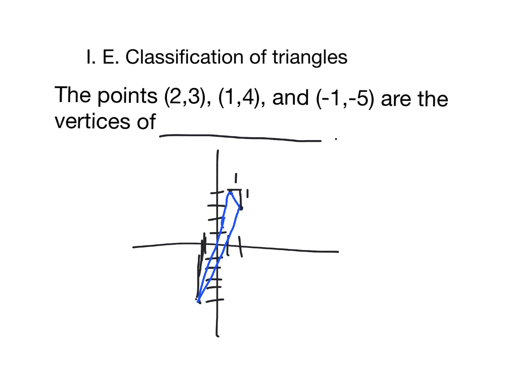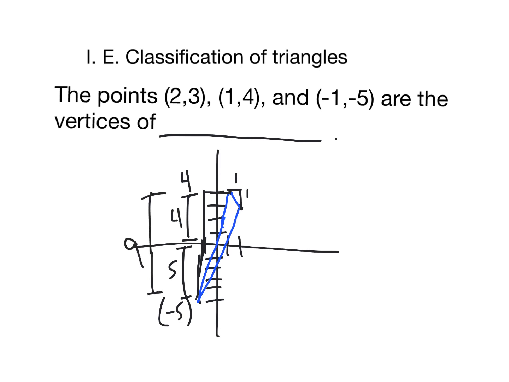This one, we'd have to go up. Let's see, we're at -5 going up to 4. So -5 to 0 would be 5. 0 to 4 is 4, so that's a total of 9. So we've got a 9 by 2 rectangle there.